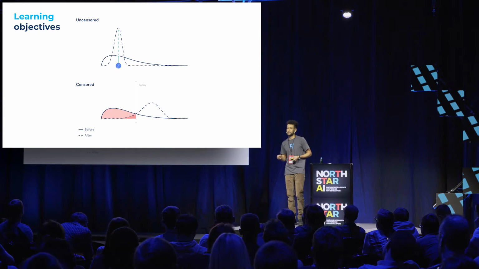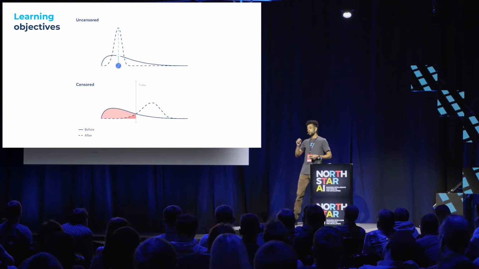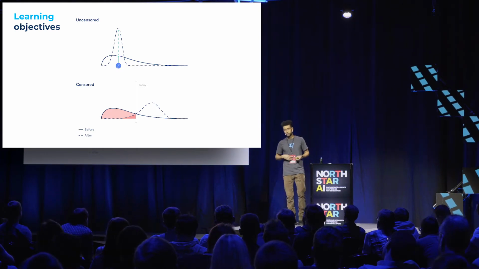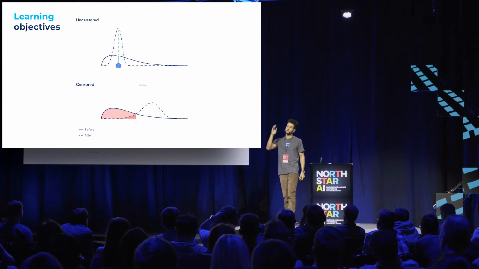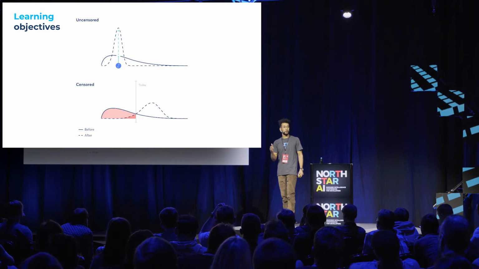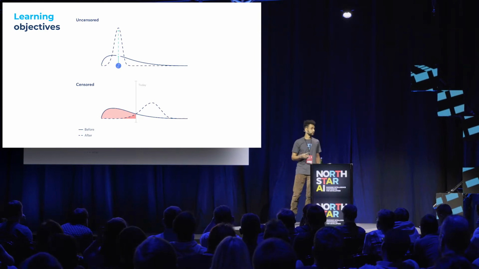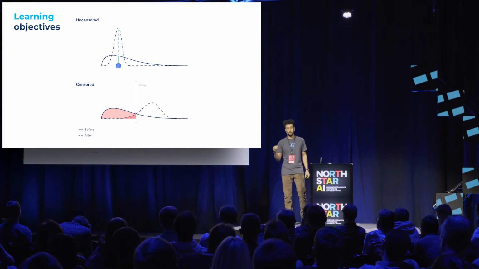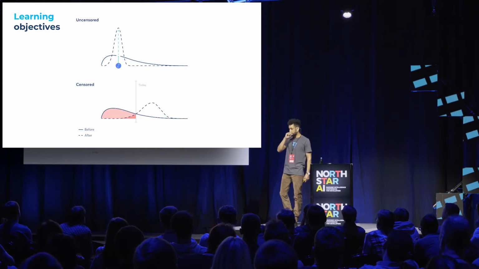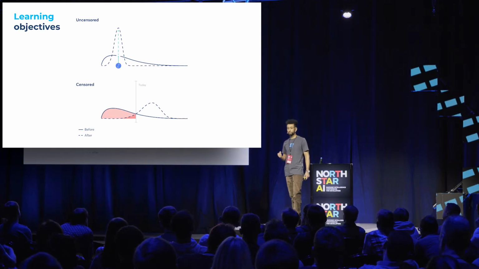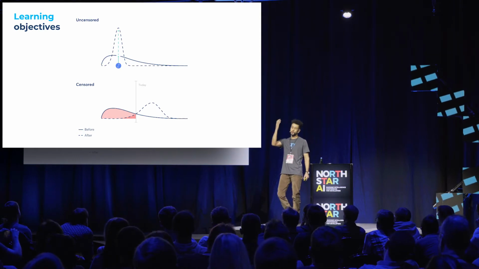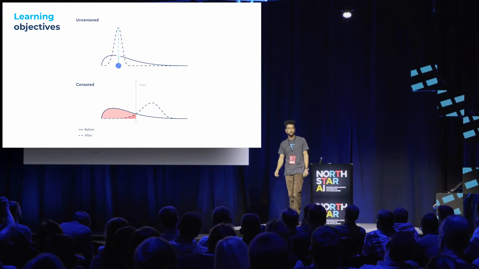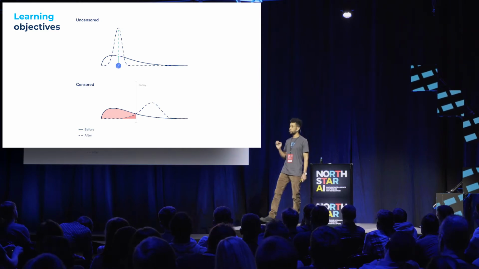Alpha defines where the peak is going to be in the distribution, so the location. And beta represents the height of that peak, or in other words, how confident our model is that we'll observe an event at that point in time. And if our model's learning the right things, well then we should observe peaks, so it should push the height of the distribution up at the time that we observe events.